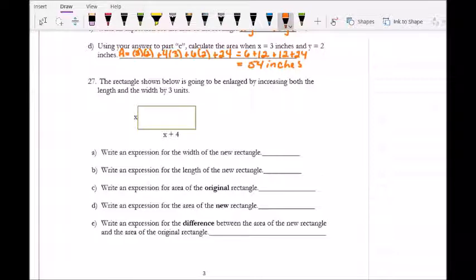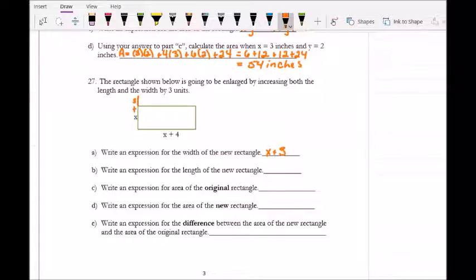Okay, so we have this green rectangle, and what's going to happen is we're going to increase that by 3. So we're going to come up a little bit here, make that 3 units longer than it was, which means we're adding that on to what was already there. So that would be x plus 3. You can say 3 plus x too, that is the same thing.